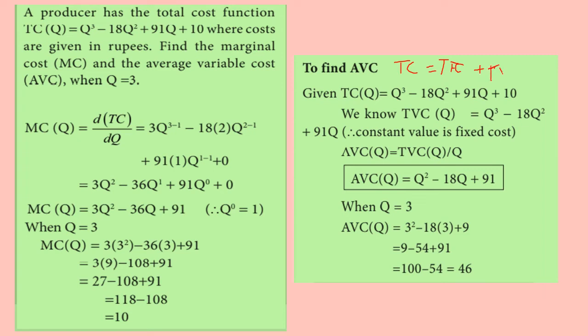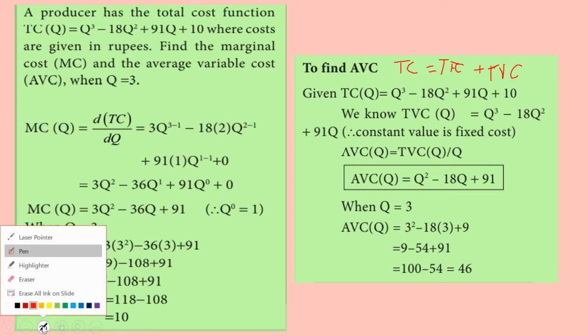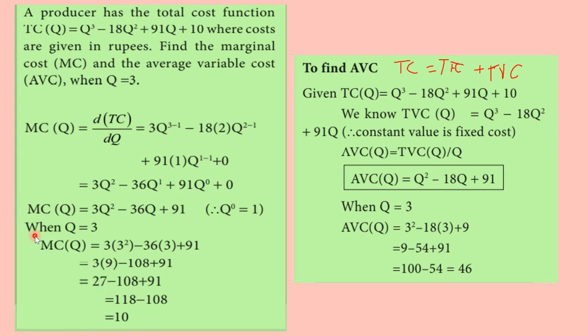Okay, so in production, we know that factors of production are required to produce anything. When we talk about factors of production, some factors are fixed, which cannot be changed. Some factors are variable.